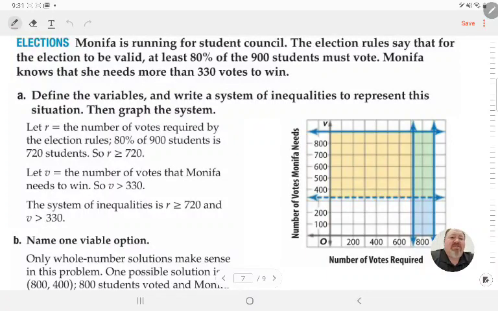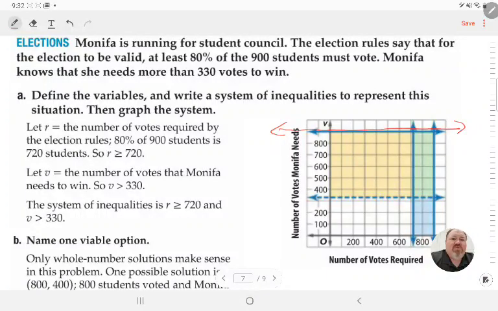So I know there's 900 students, so that's this line. And 80%, 80% of 900 students is 720, okay?